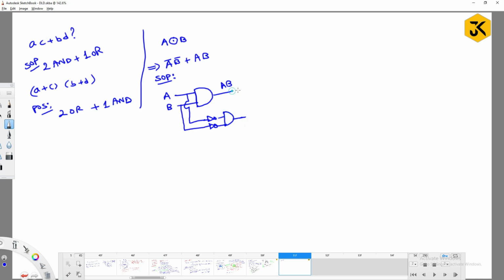Yes. Then I will combine them using the OR operation. Final result will be A XNOR B. Okay, guys. So what is the functionality of XNOR? When you give two same inputs, your result is going to be 1, right?